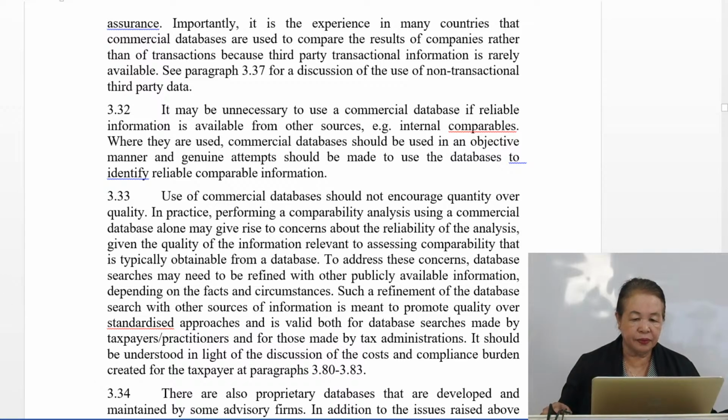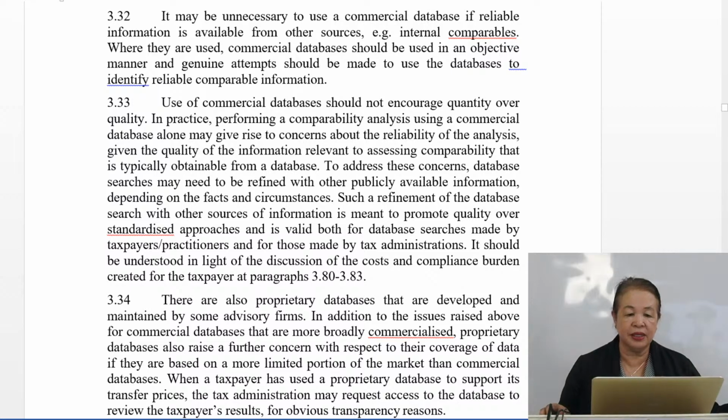Okay. So it may be unnecessary to use a commercial database if reliable information is available from other sources, so internal comparables where they are used, commercial databases should be used in an objective manner, and genuine attempts should be made to use the databases to identify reliable, comparable information. No? Use of commercial databases should not encourage quantity over quality.